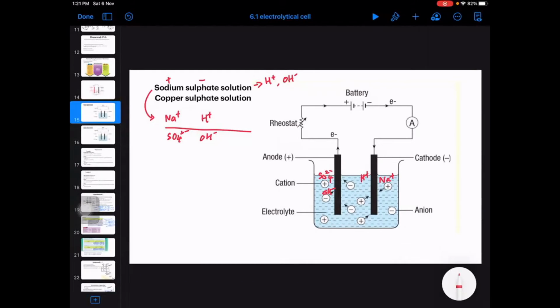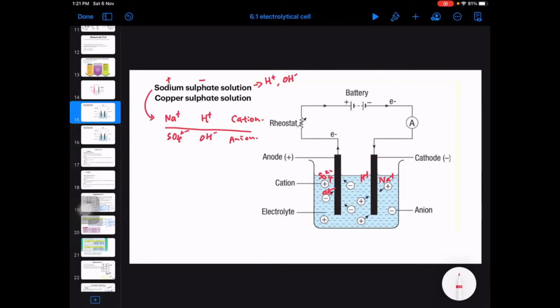Positive ions are attracted by the negative cathode, negative ions are attracted by the positive anode. So we also call the sodium and hydrogen ions cations, because they move to the cathode. Sulfate and hydroxide ions are anions because they move to the anode.